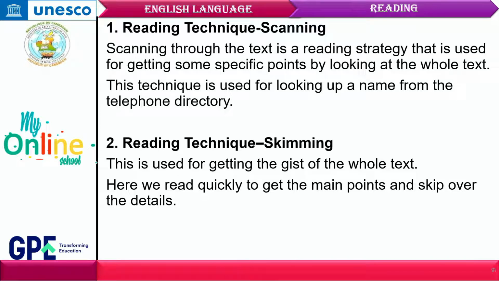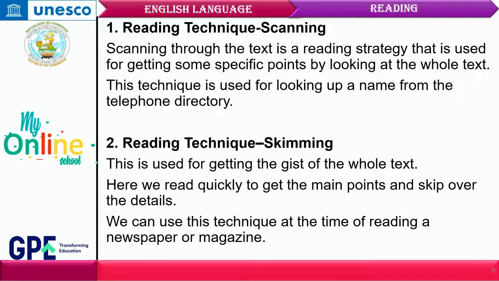You are not looking for details when you are doing a skimming exercise. When you are reading by skimming, you go through the text quickly. You can use this technique at the time of reading a newspaper or a magazine. When you have a magazine, you can quickly go through parts of the magazine to see important points, things that will hold your interest.